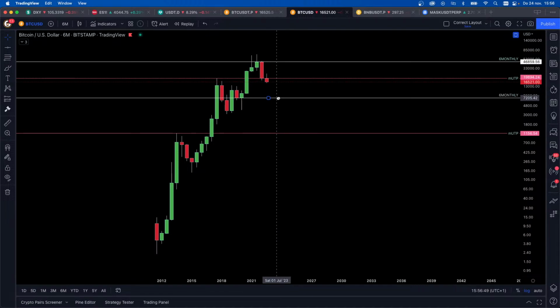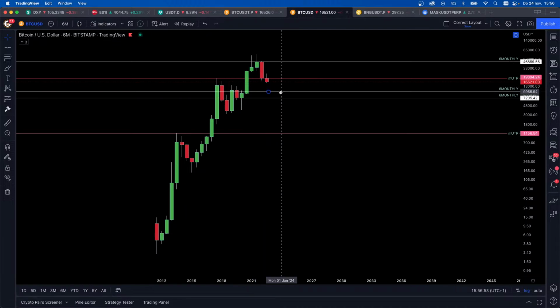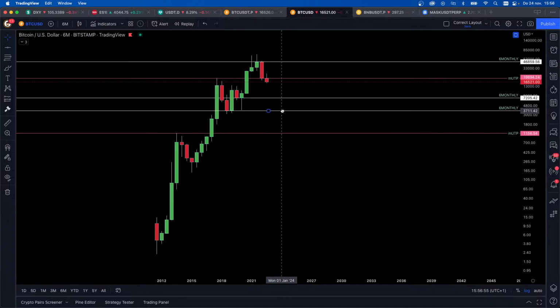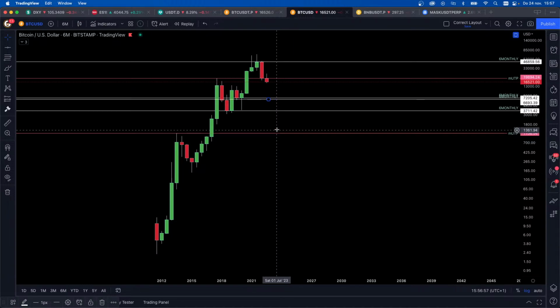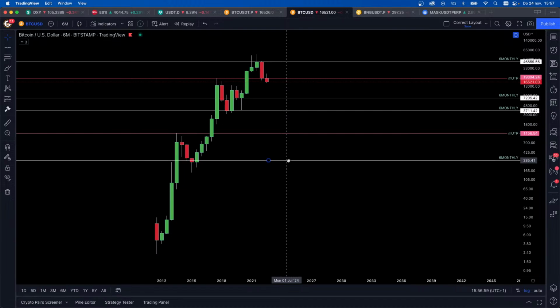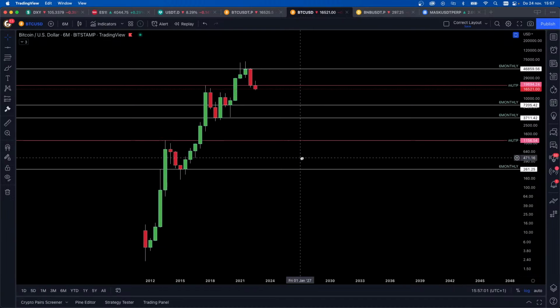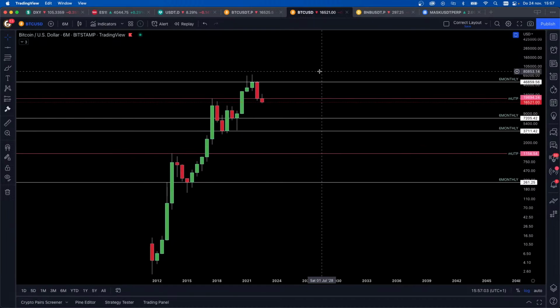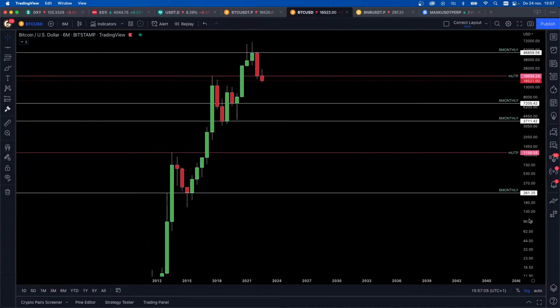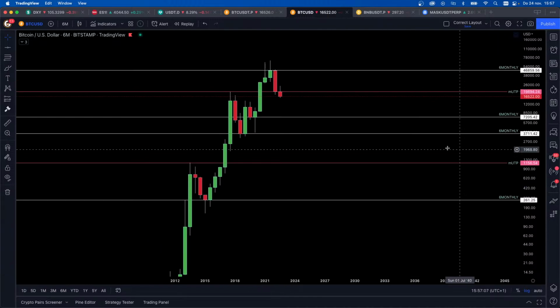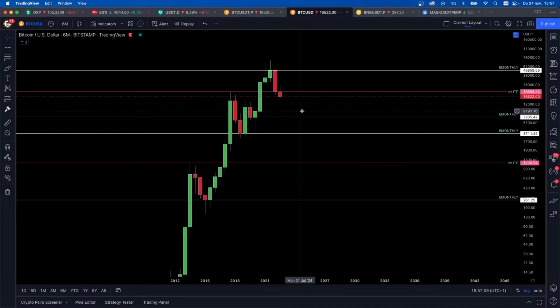We have one 6 monthly as support over here. We have one 6 monthly as support over here. And we have another one down there. So this is basically your main levels where price could travel towards.